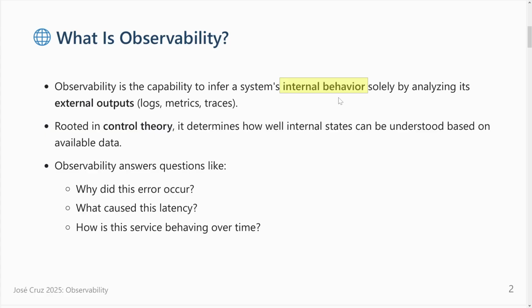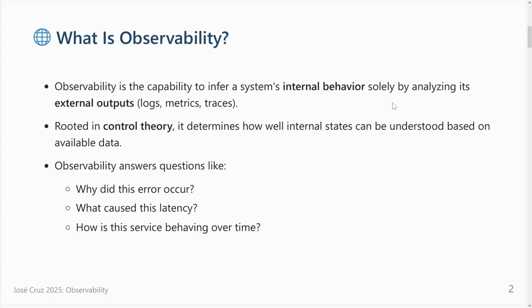So when some event happens that puts our system in jeopardy, we want to be able to check what's happening, what the causes were, how the system was at the time. That's what it's all about. It's to infer a system's internal behavior solely by analyzing its external outputs, meaning logs, metrics, and traces.